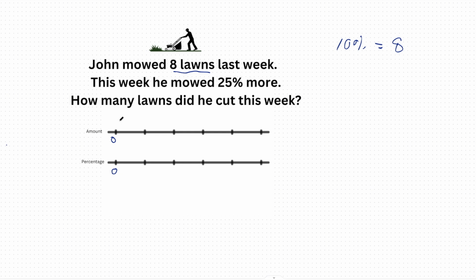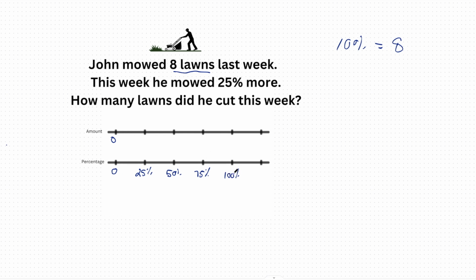And I know that 8 lawns is going to be 100%. So I'm going to go up by 25%. This is going to be 25%, this is going to be 50%, this is going to be 75%, and this one right here is going to be 100%. Now the question is, what numbers do we put up here for the amounts?